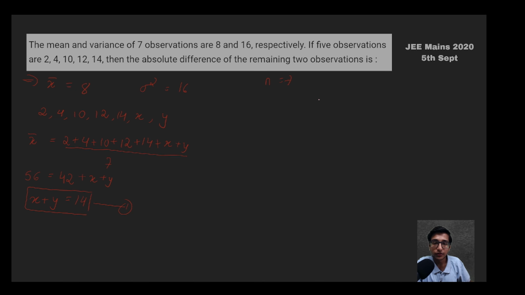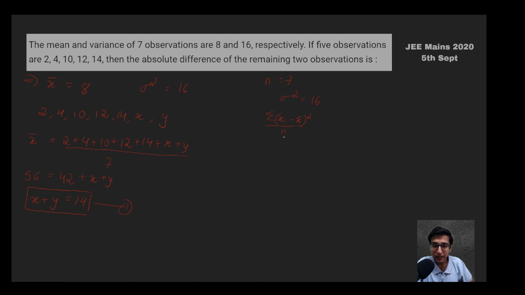Now let's look at the other equation. Sigma square is given to us, which is 16, and we know the formula of variance is summation of xi minus x bar whole square upon n.